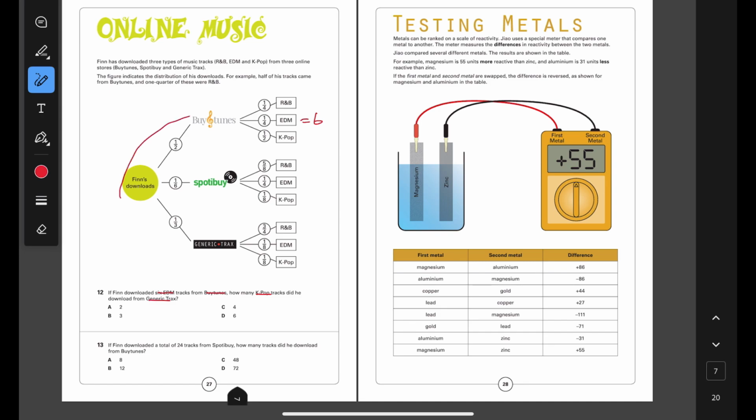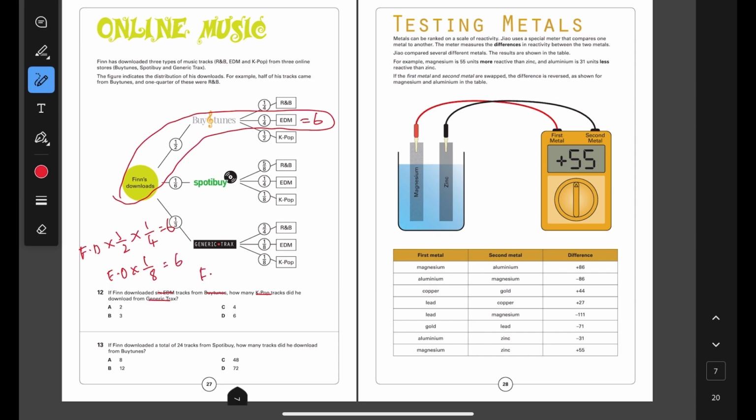So let us frame an equation for this. Finn's download into 1/2 into 1/4 equal to 6. If you multiply these two fractions, it would be Finn's download into 1/8 equal to 6.